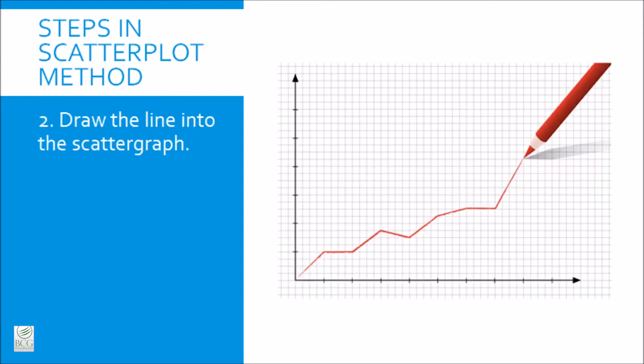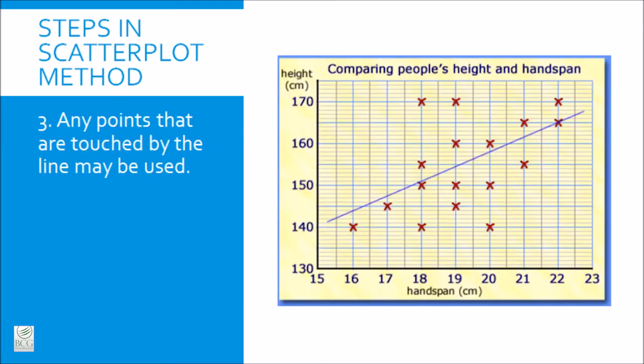Next is to draw a line into the scatter graph, just like what we have discussed. And third, any points that are touched by the line may be used to calculate the total cost.